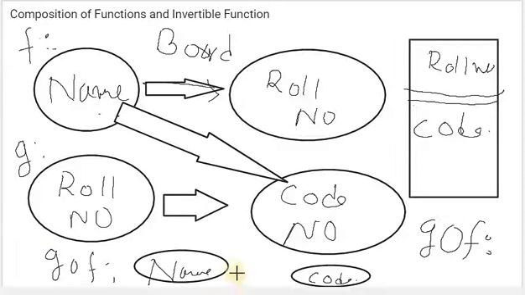This is the composition of function actually. By using these two functions, we have created one function whose name I have given as G of F. So why G of F?